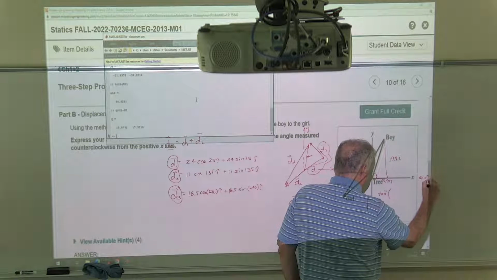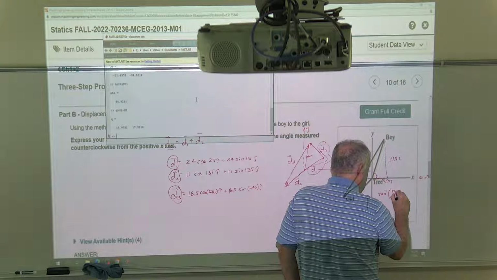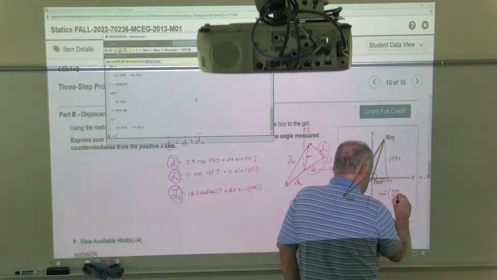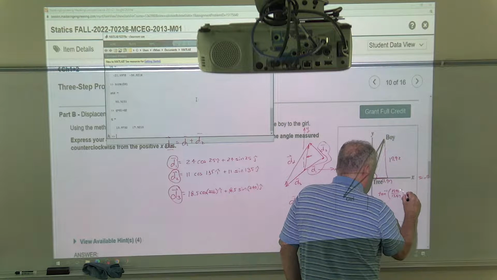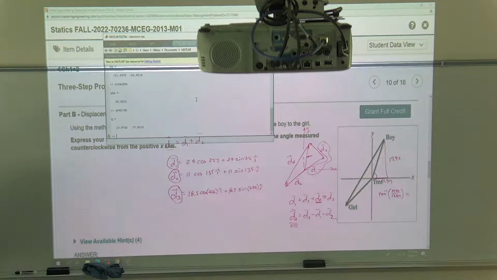If you do sine of theta, this is this one over that one, right? I have to put in D for degrees. Was it 13.97? No, it was 17 over the other one.